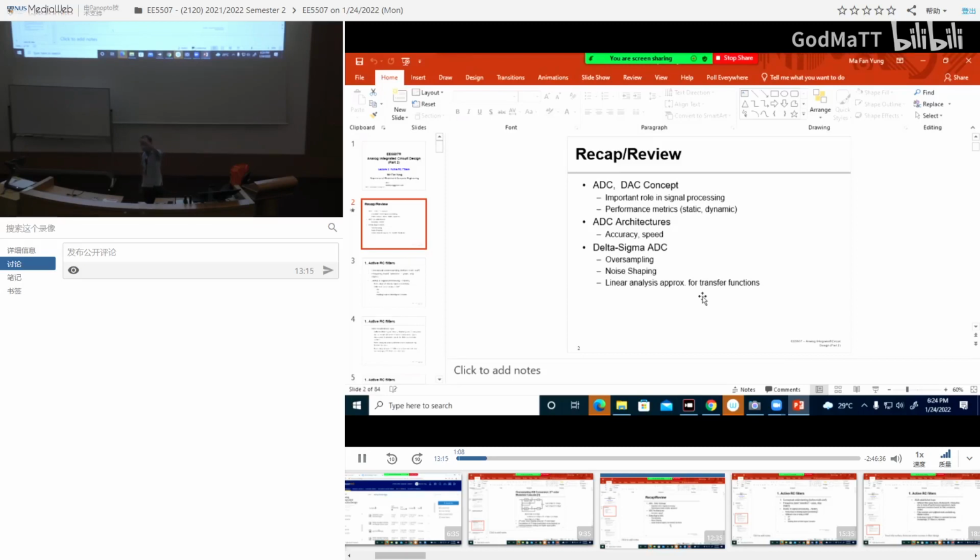That's why the actual delta sigma ADC is non-linear, but for our analysis and for our design insight, we treat it as a linear circuit. And from there we get a lot of information.